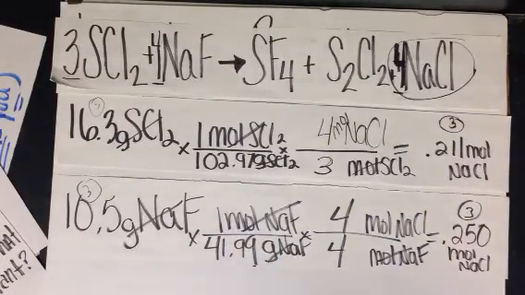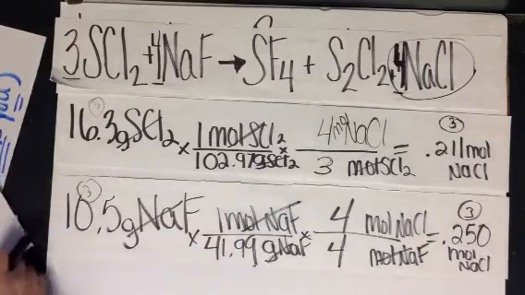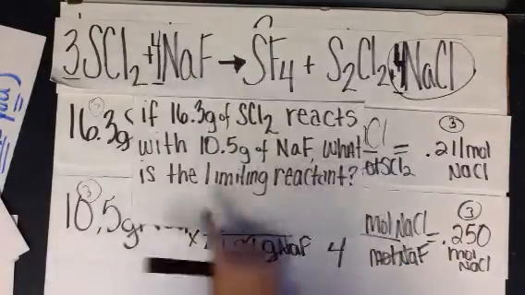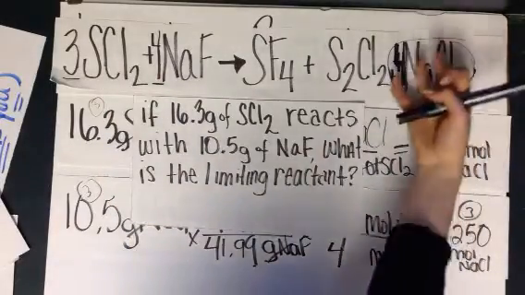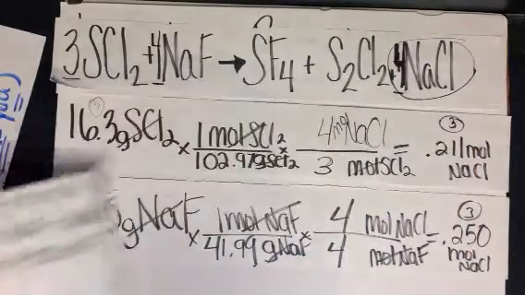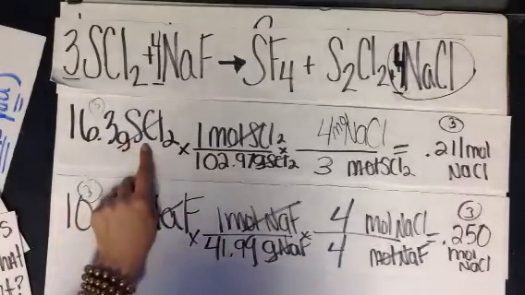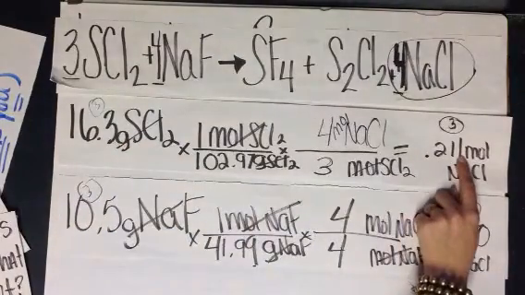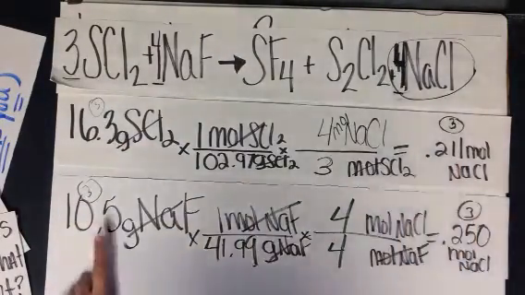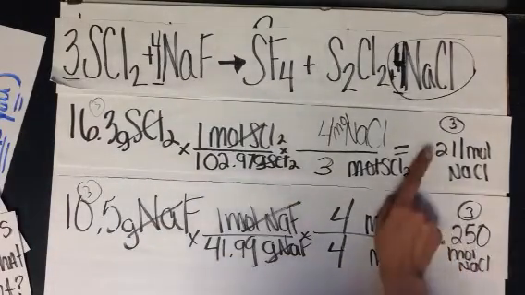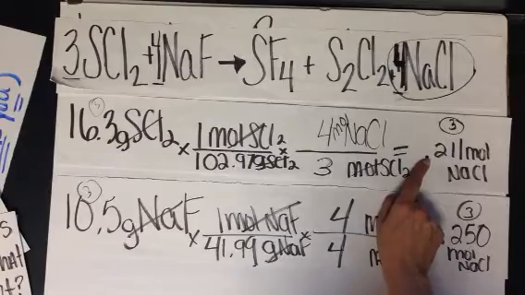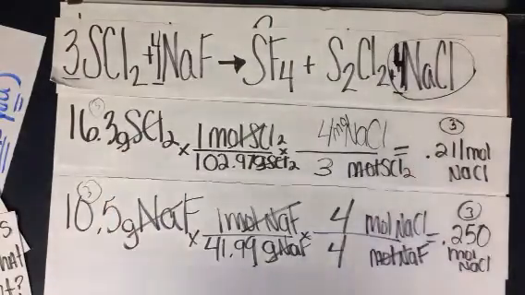All right, now the question is, let's bring it back. Which is the reactant that limits me from making more of that NaCl? Let's see. This reactant makes this much product. This reactant makes this much product. Well, this is smaller. So this reactant limits me, right?